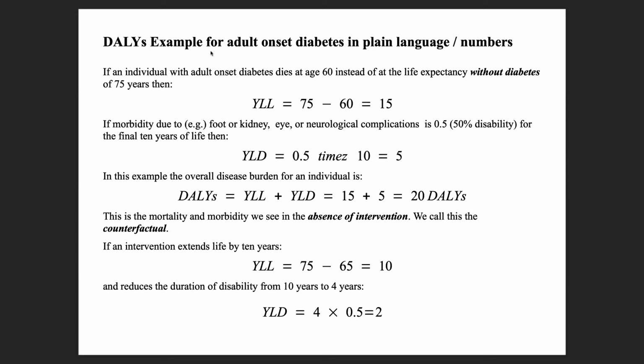Now, this is the mortality and morbidity we see in the absence of an intervention. This is the counterfactual. Now, if we have an intervention that extends a life by 5 years, then that is no longer 15 years of life lost, it's 10 years of life lost. And if we can reduce the duration of disability, not reduce the disability, but reduce the duration of disability from 10 years to 4 years at the end of life, then the years living with disability are reduced from 5 years to 2 years.